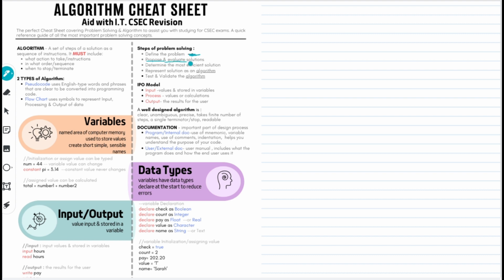Propose and evaluate the solution really is I'm going to list out all the different ways I can get it outside in the car, and based on that, the next step of problem solving would be to determine the most efficient way. Right? So you know where the car is parked, in the garage, right?